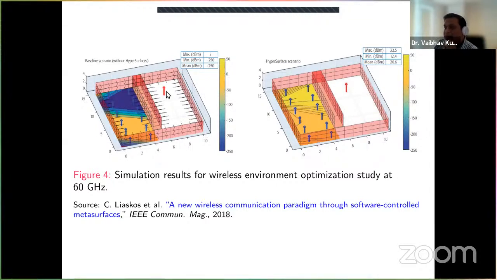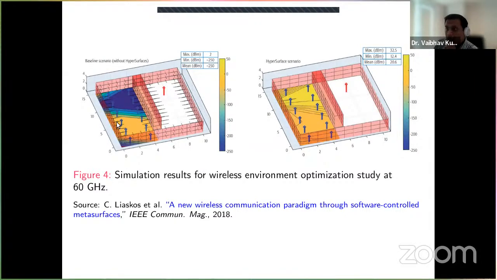Why this happens is because when the waves are transmitted from here, they get reflected from maybe this part. Some of the waves might penetrate this wall and be received here, and most of the power comes from the scattering through these traditional walls.